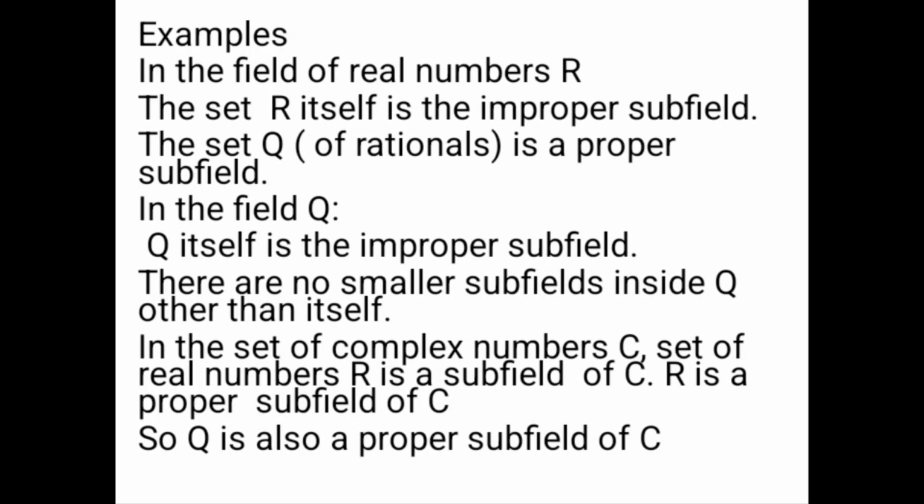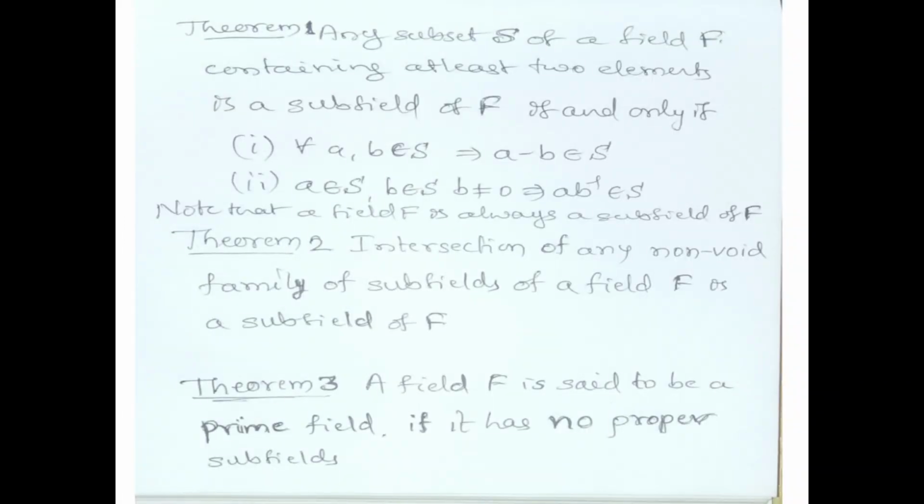You can verify the result, but we shall use one very important criterion that decides a subset to be a subfield of F. So the theorem says any subset S of a field F is a subfield of F if and only if for any a, b contained in S, a minus b must be contained in S, and second, a contained in S and b contained in S implies a b inverse is contained in S, and b is not equal to 0.